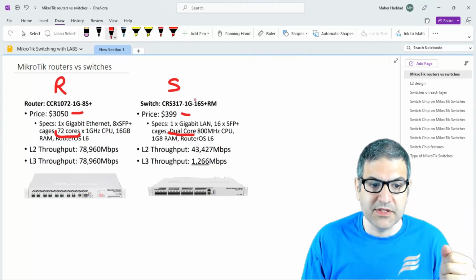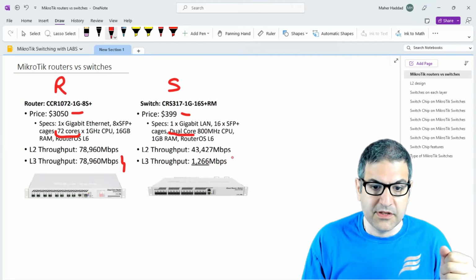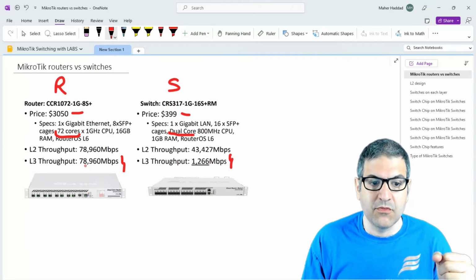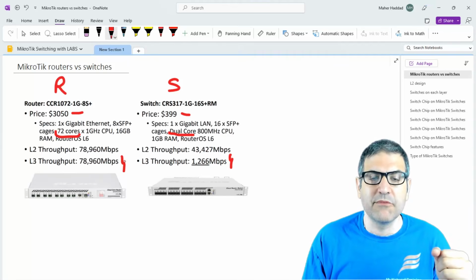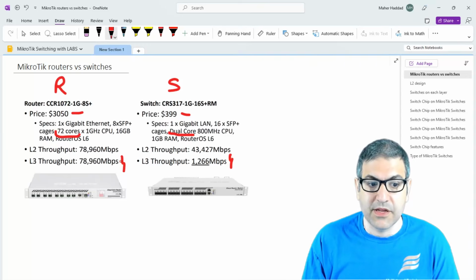But the big difference is the layer 3 throughput. Look at the difference. That is almost 78,000 megabit per second, and this one, 1,000. So on layer 3, you are doing maybe 70 times more bandwidth on the router than on the switch.